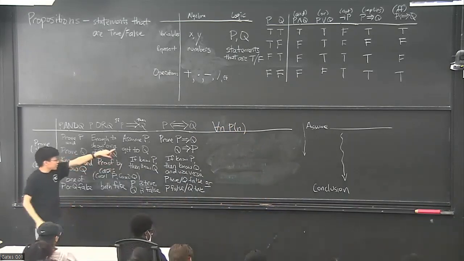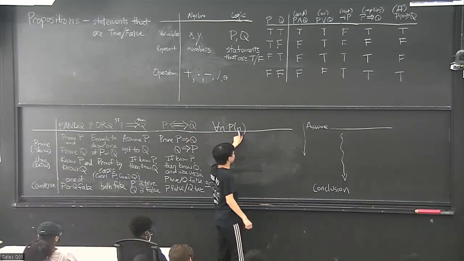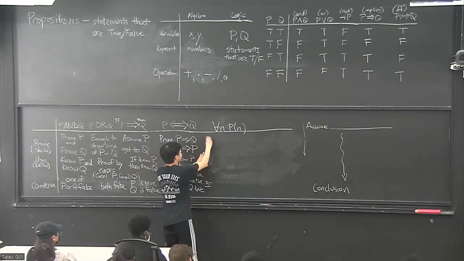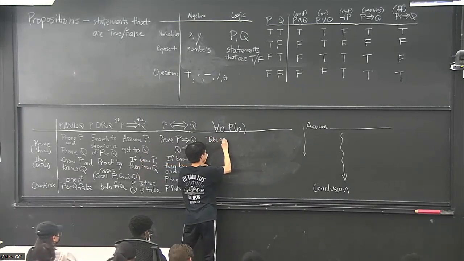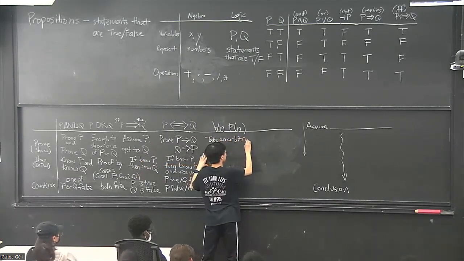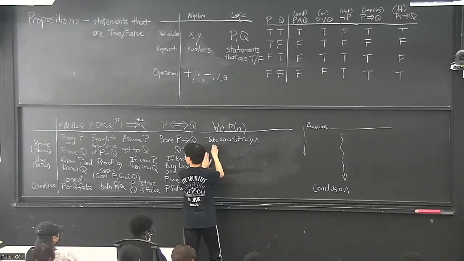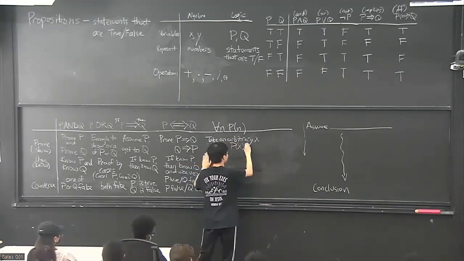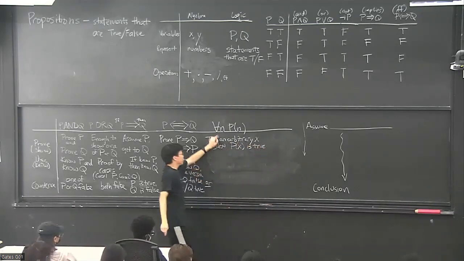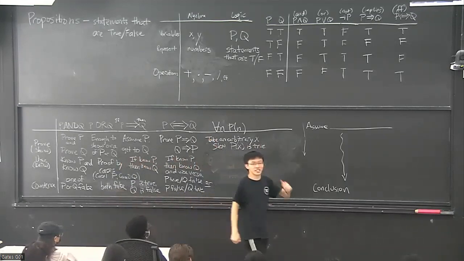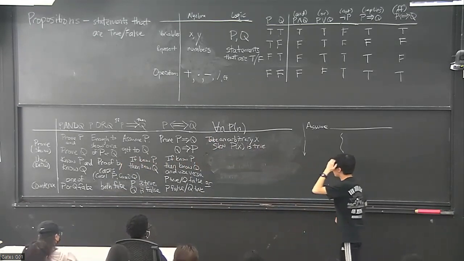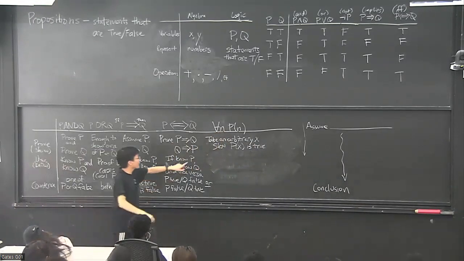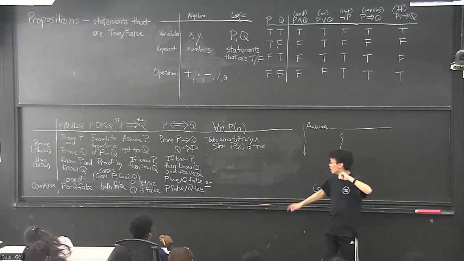To show for all n, P of n, to show that every n has this property P of n, you want to take an arbitrary x and show P of x is true. The intuition behind this is you're saying every n satisfies the property P of n. And how do you prove that? You challenge the reader of the proof and say, take an arbitrary x.